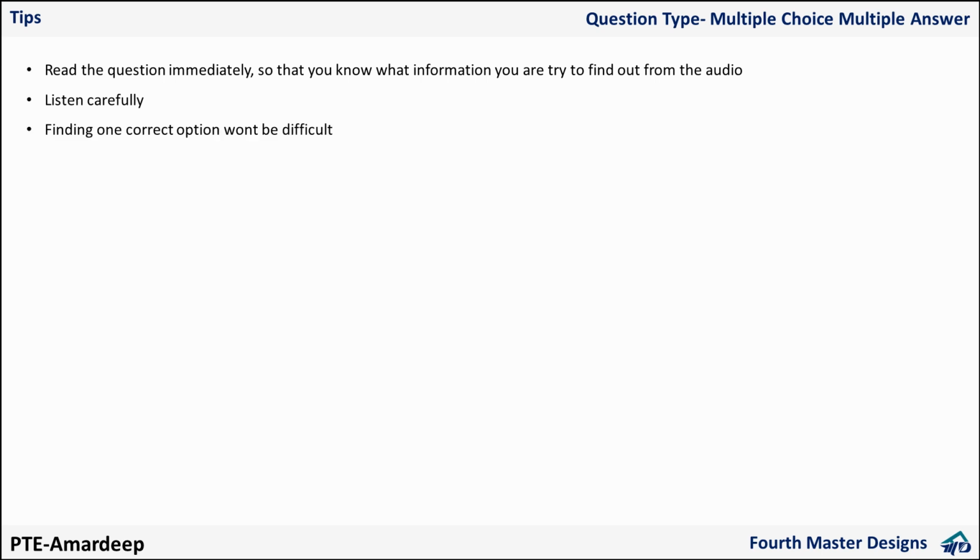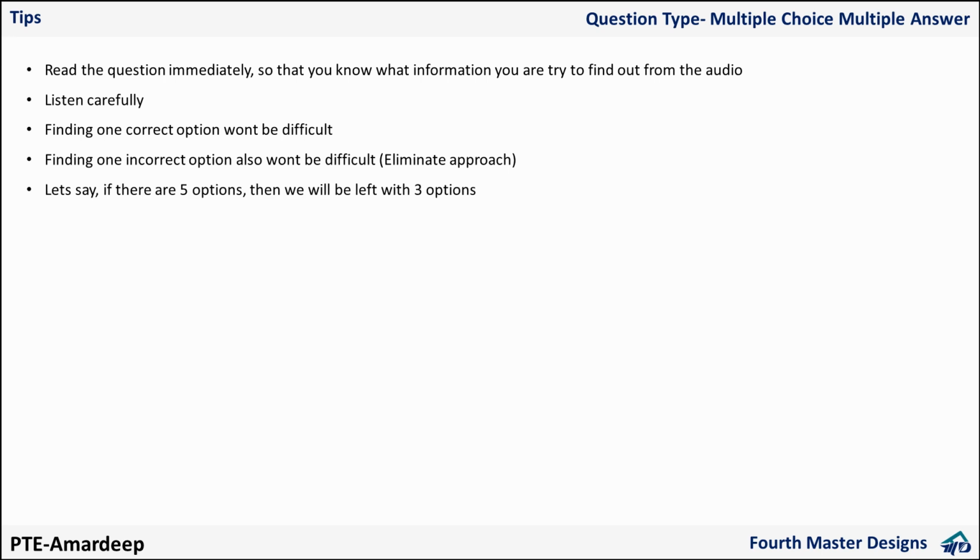Finding 1 correct option won't be difficult, and in the same way finding 1 incorrect option also won't be difficult. You have to use eliminate approach for that. Let's say if there are 5 options, you selected first incorrect and 1 correct. With these you are left with 3.